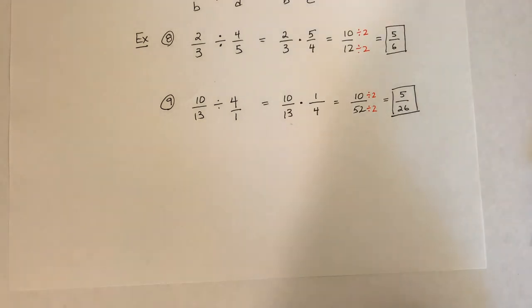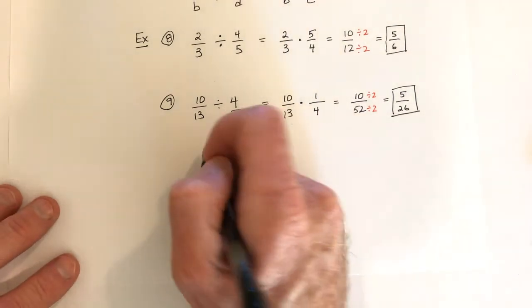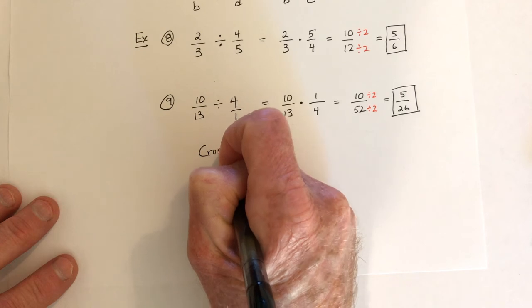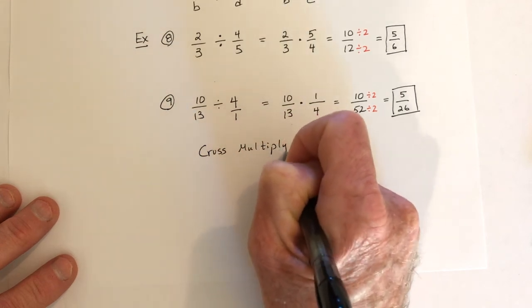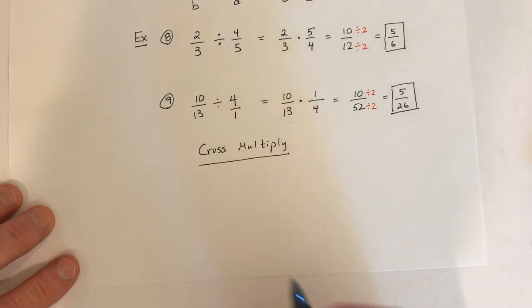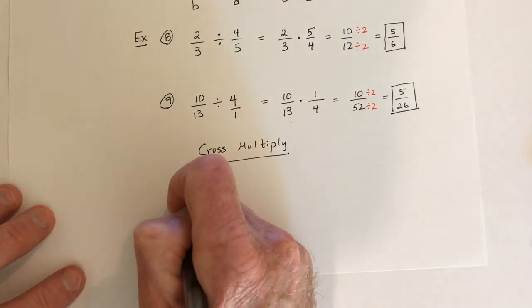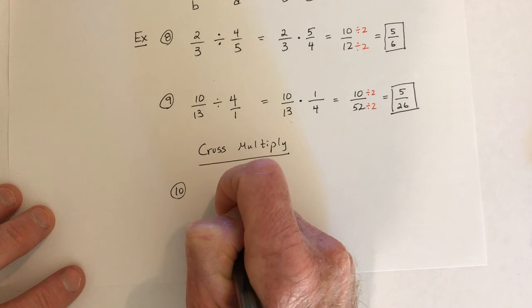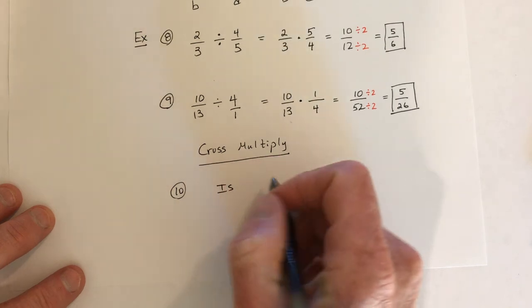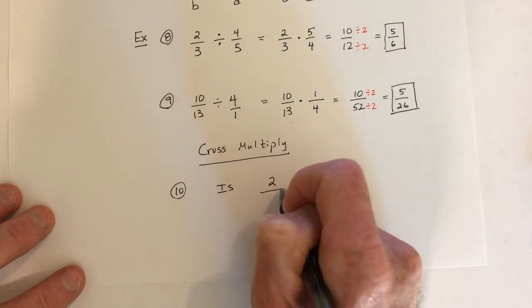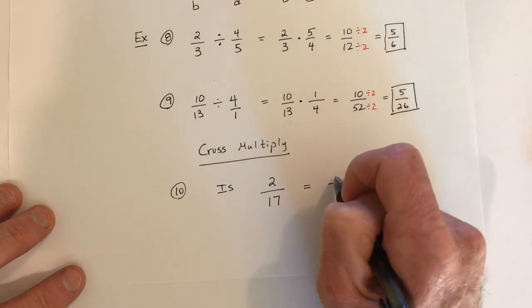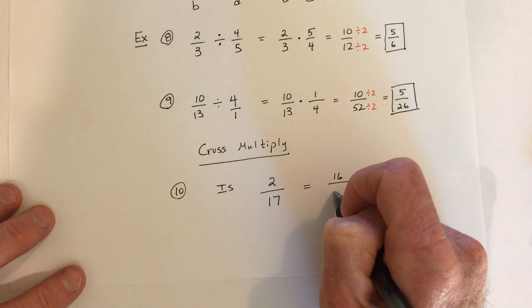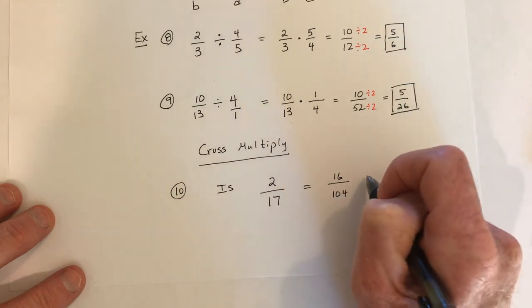And then for the last idea of the section, to cross multiply. So for example number 10, is 2/17 equal to 16/104?